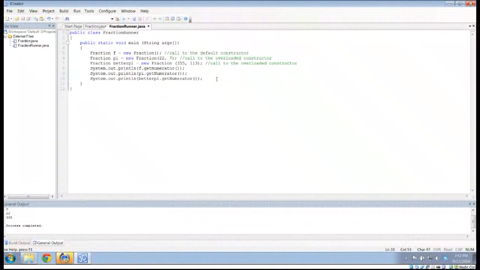And I could do the same thing with denominator now, because I've written a getDenominator method.